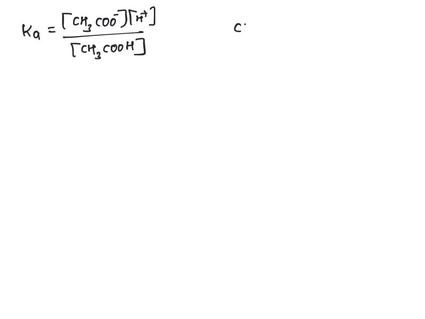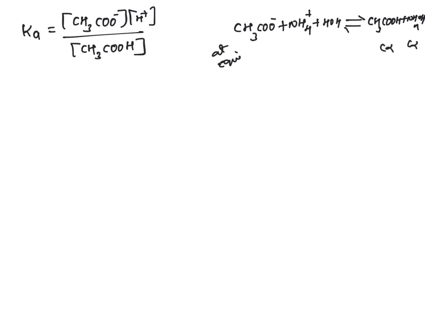Let's take a salt of weak acid, weak base, hydrolysis reaction, converted into acetic acid and ammonium hydroxide. So at equilibrium condition, C alpha, C alpha, C minus C alpha, C minus C alpha.